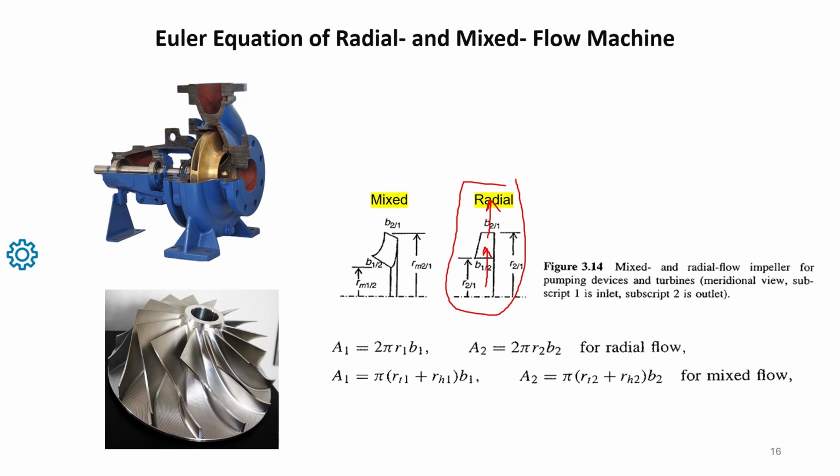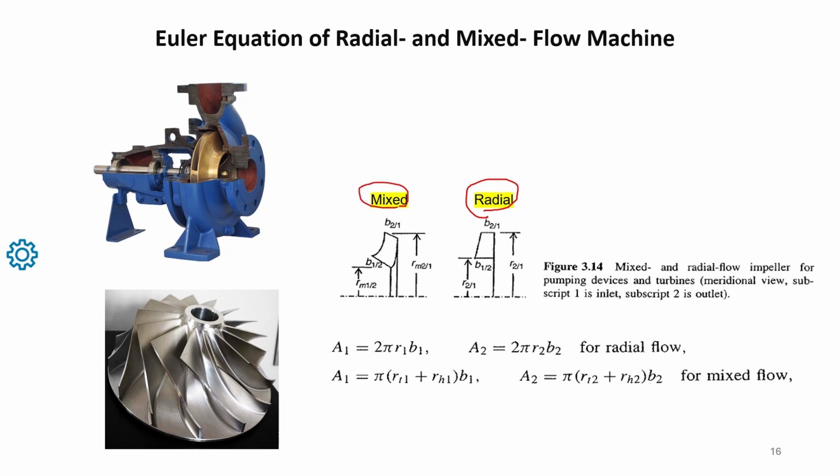And in this case you have the fluid entering at a mixed scenario, not really axial, not radial, and leaving at a mixed scenario, okay? So that's the main difference between radial and mixed flow machine.